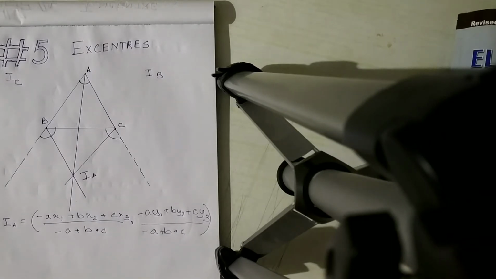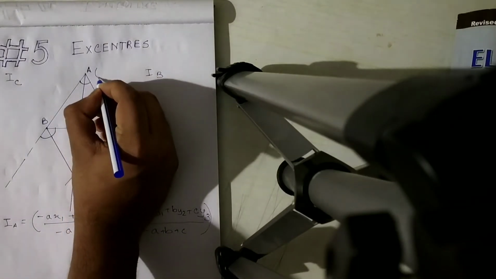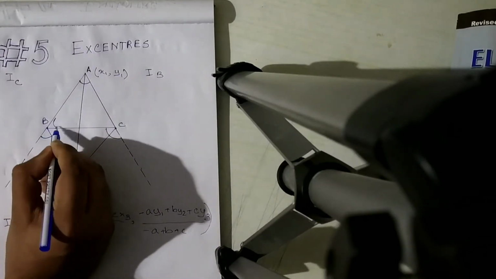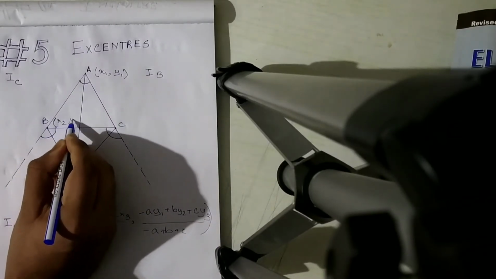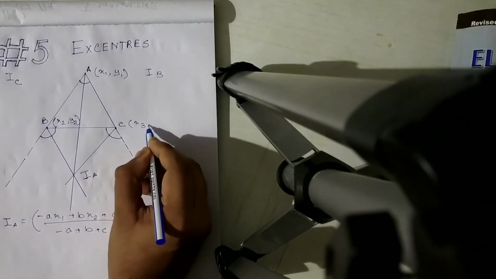These are coordinates of the vertices. Vertex A is x1, y1, vertex B is x2, y2, vertex C is x3, y3.